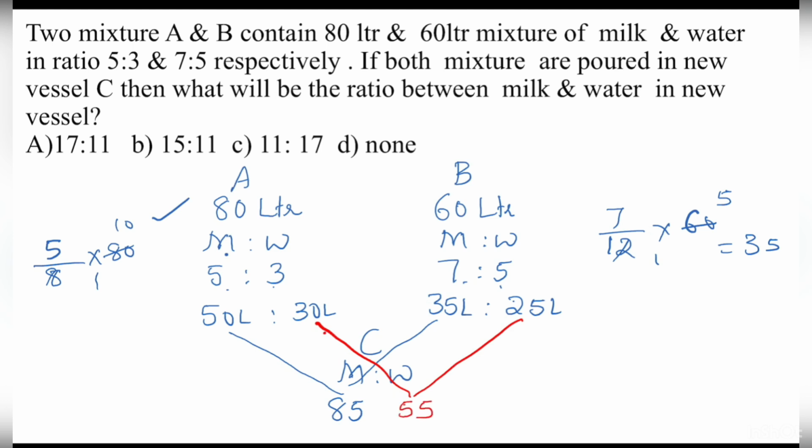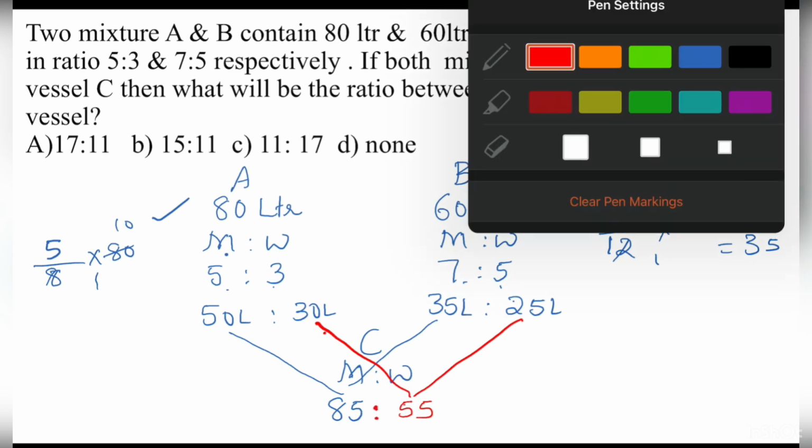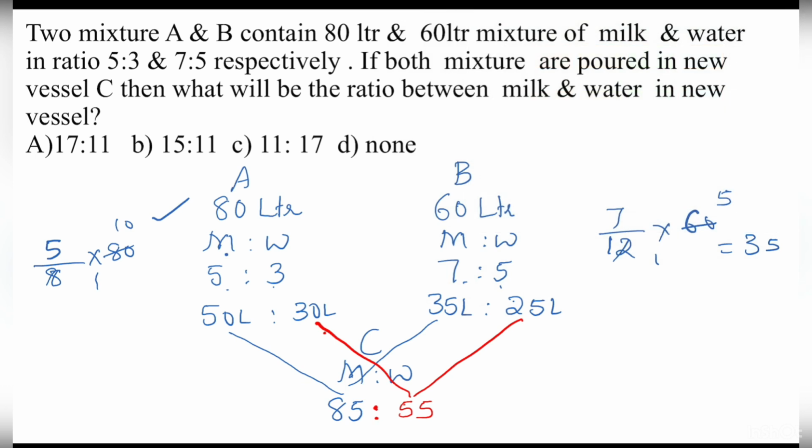So now milk and water are in the ratio 85 to 55. So I can cancel this: 5 17s are 85, 5 11s are 55. So milk and water in the new container are in the ratio 17:11. Okay, option A is the answer.